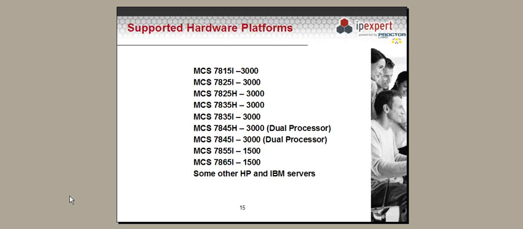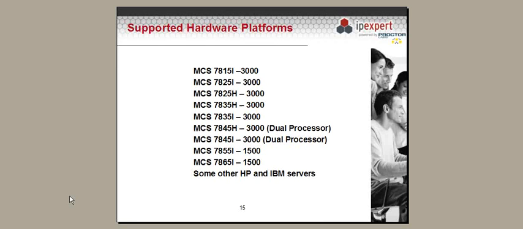For this reason, Cisco has collaborated with 2 server hardware manufacturers, HP and IBM, to create Cisco Media Convergence servers. HP and IBM designed these server hardware platforms specifically for Cisco voice applications.